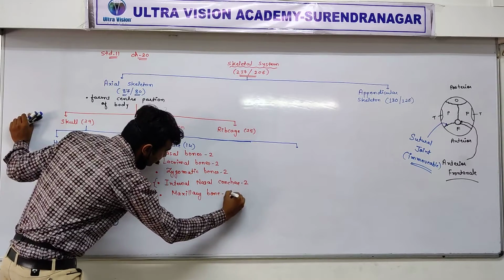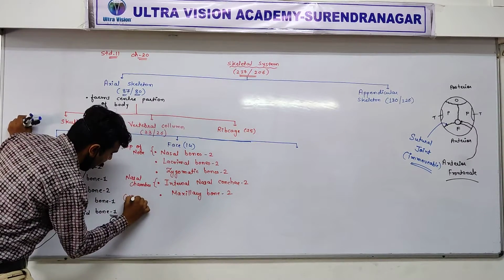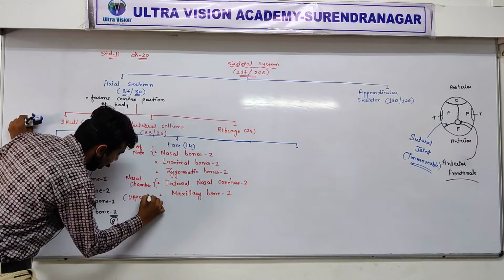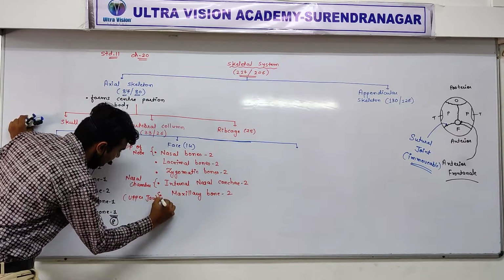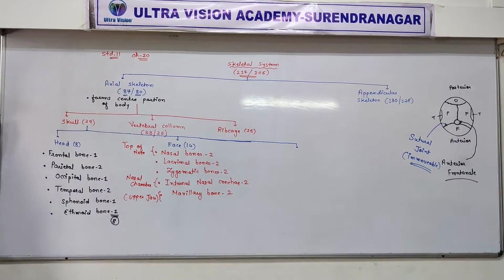Maxillary bones are two. It forms the upper jaw. Upper jaw is fixed.